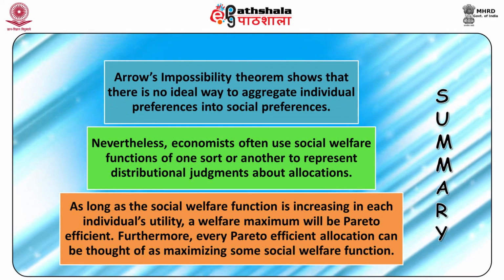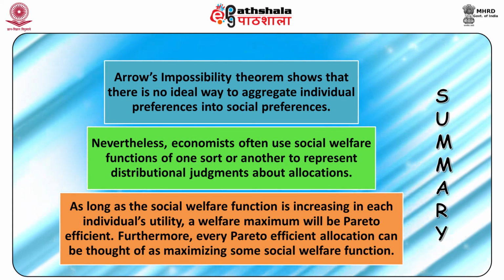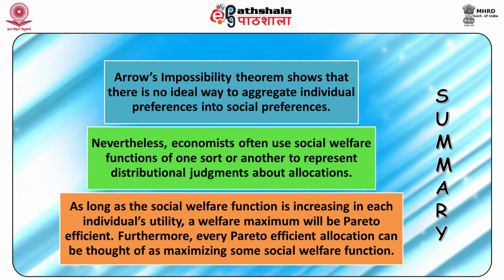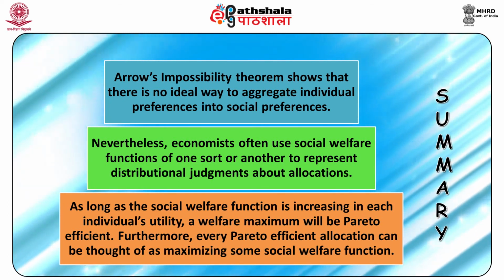Arrow's impossibility theorem shows that there is no ideal way to aggregate individual preferences into social preferences.